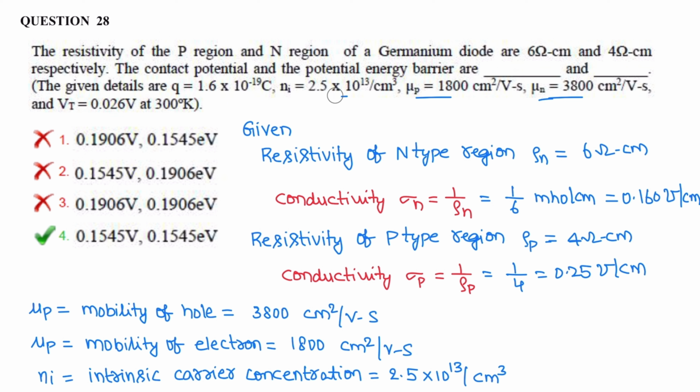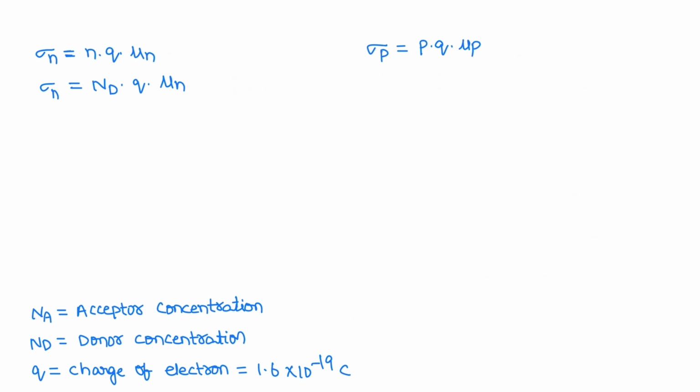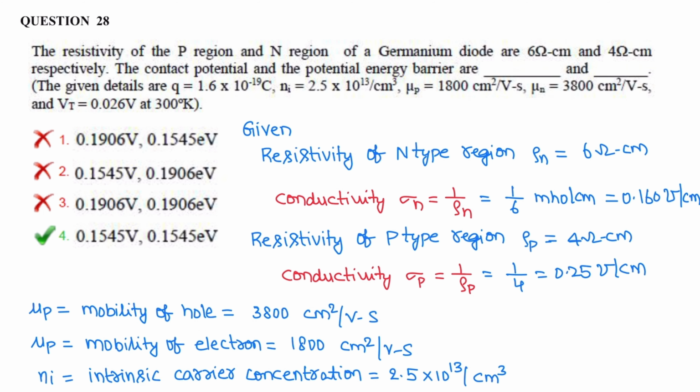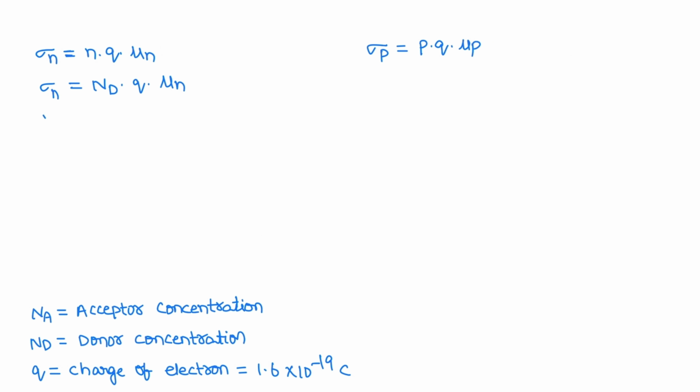This is the data given in the question, and they ask to calculate the contact potential V0 and potential energy barrier. So we know that sigma n is n q mu n, and the value of sigma n obtained is 0.160.